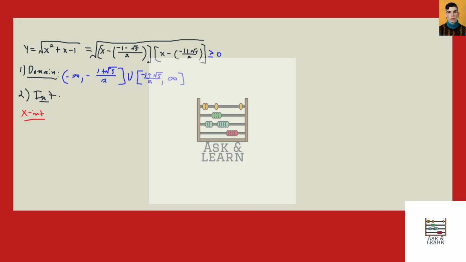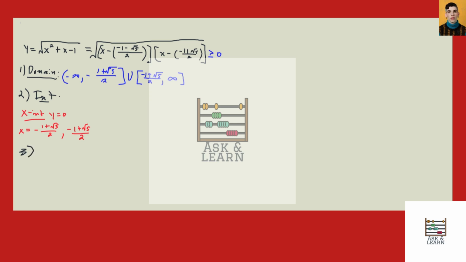The x-intercepts are where y is equal to 0, and that's just the two values that make this factor. So x is equal to -1 plus or minus the square root of 5 over 2. Those will be our two x-intercepts.